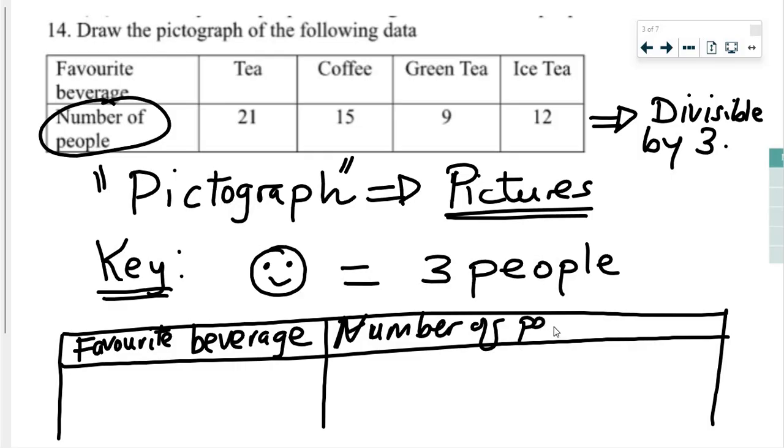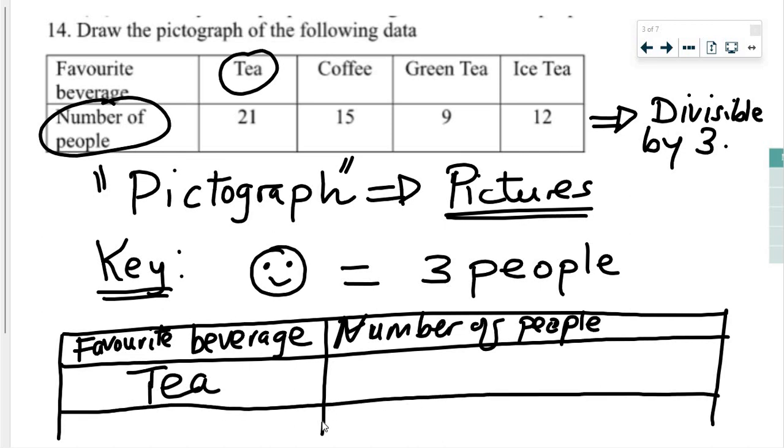Now, to start with, I will start with tea and make a border. How many people like tea? 21. So I will take 21 divided by 3 to know how many symbols I would have to draw for tea. So 21 divided by 3 is 7.